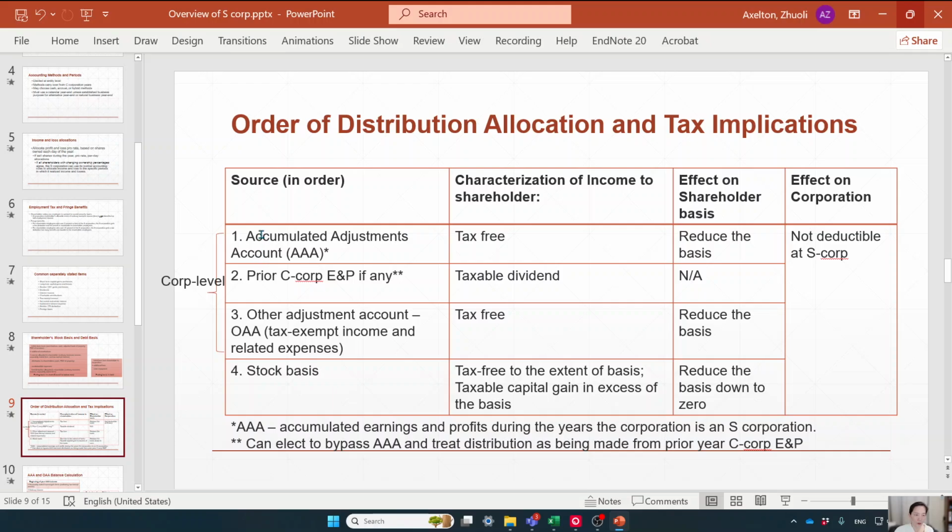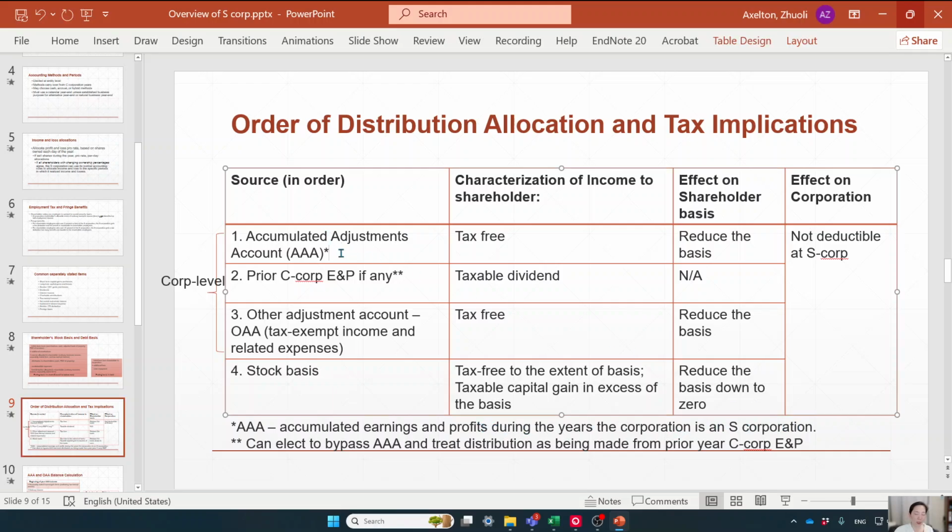So from a distribution perspective, the distribution will be treated as distributed from the accumulated adjustment account. The accumulated adjustment account is similar to the cumulative earnings and profits concept, but it covers the years the corporation is an S Corp.